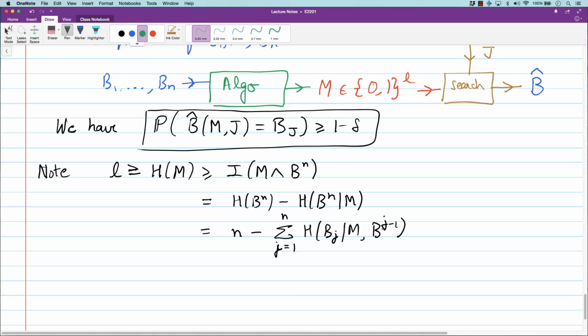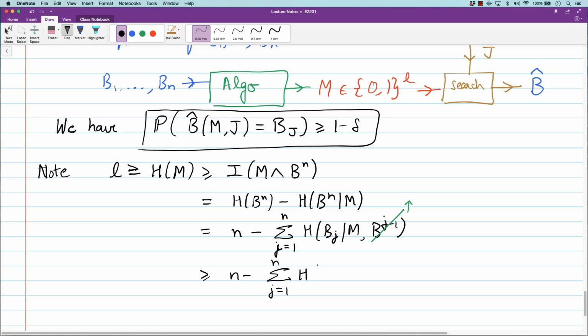If we drop the conditioning on the previous bits, the entropy can only increase, so we subtract more and the overall term will decrease. So this is greater than n minus summation j equal to 1 to n of H of b_j given m.